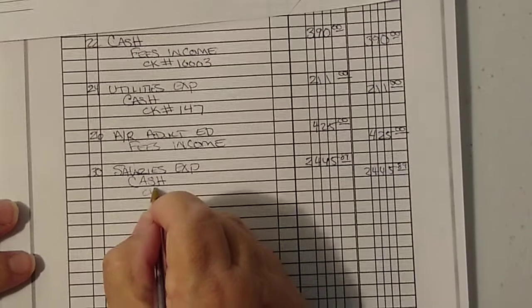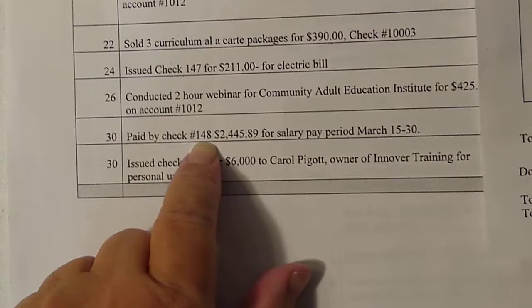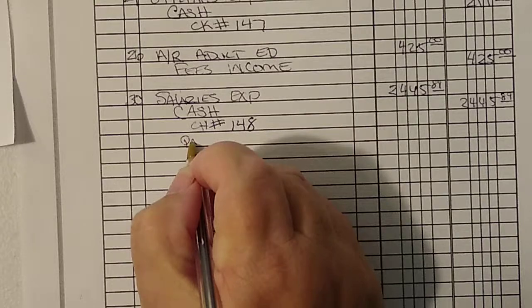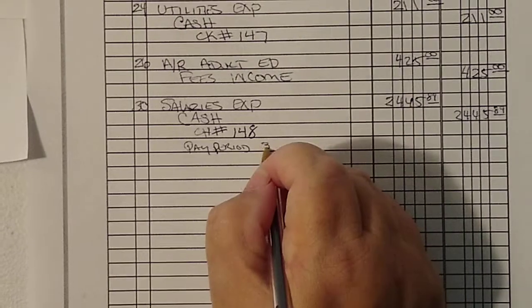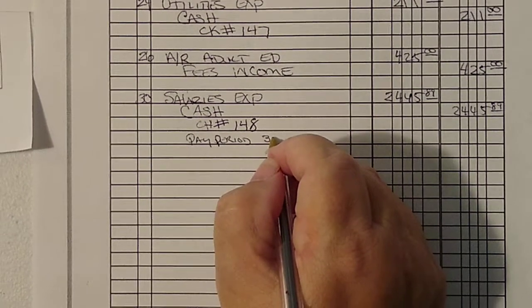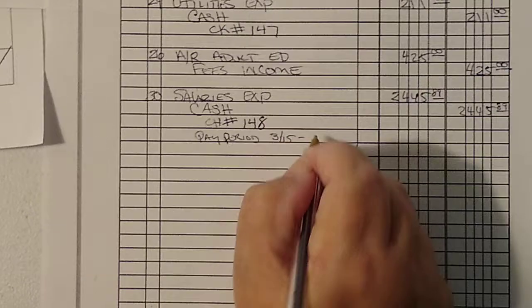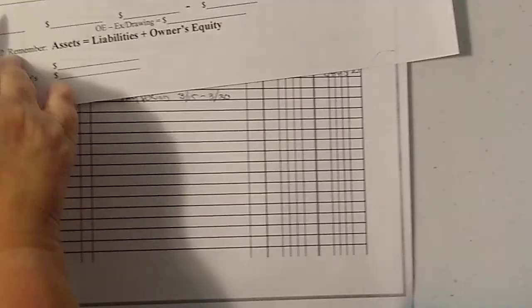Write the check number, 148. And I'm going to write on here, down below that, I'll take an extra line, pay period 3/15, 3/30. March 15th to the March 30th. All right. Check that one off.